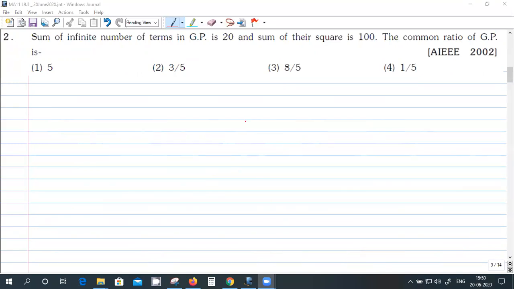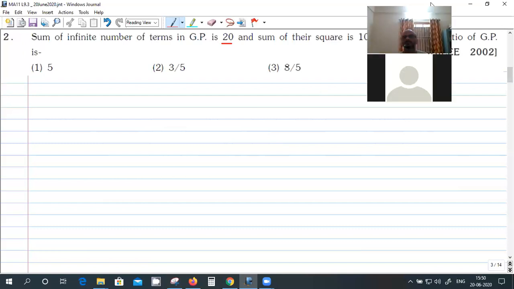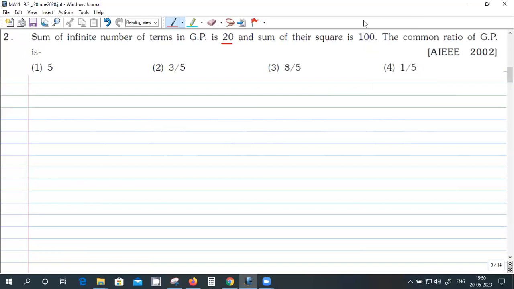When he says the sum of infinite terms is some finite value, that means what about the common ratio? Is it greater than 1 or less than 1? You're still not familiar with GP, right?